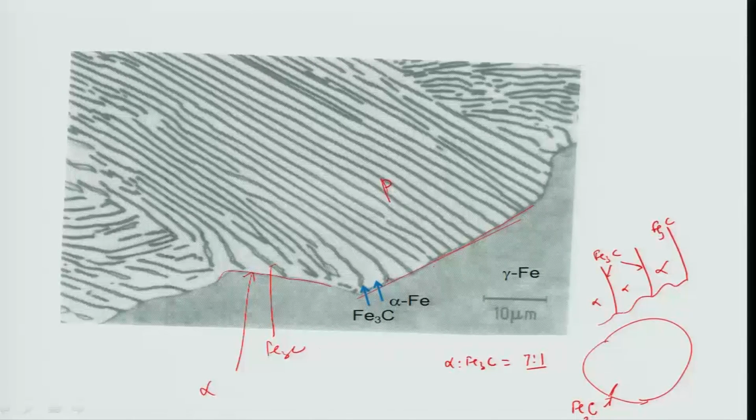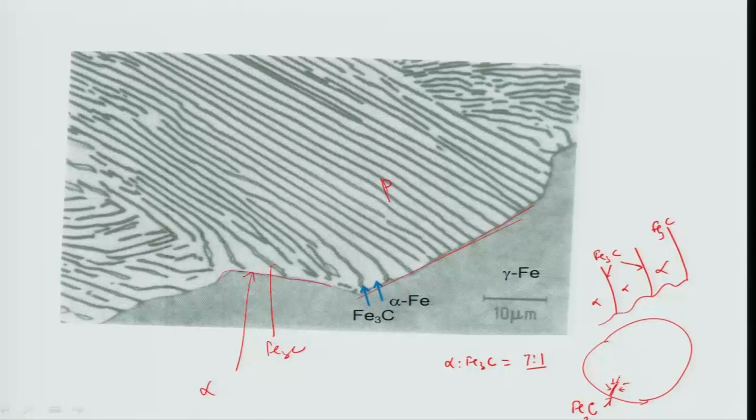Because of that it needs a lot of carbon. So, how does it get the carbon? It takes the carbon from the nearby region, this region, which all actually feed carbon for its growth. Then only can it maintain this composition of iron and 6.68% carbon.